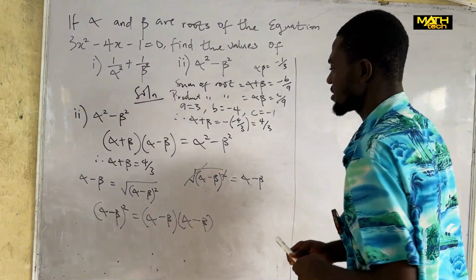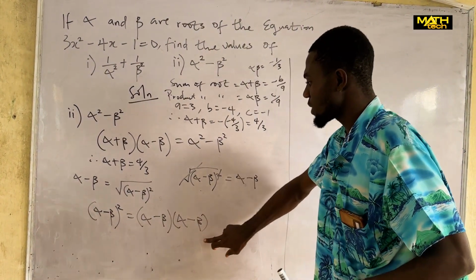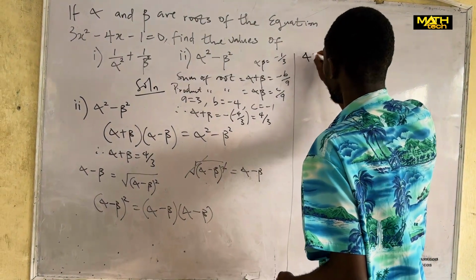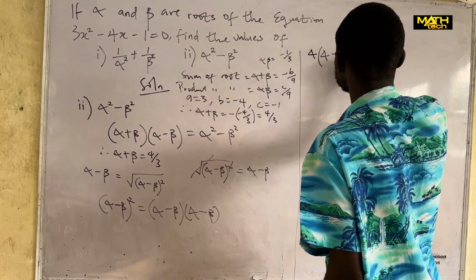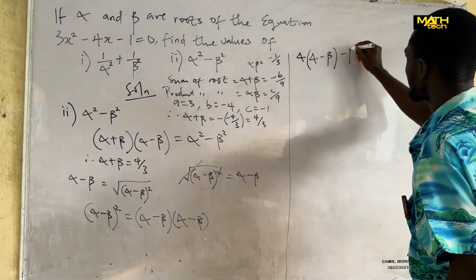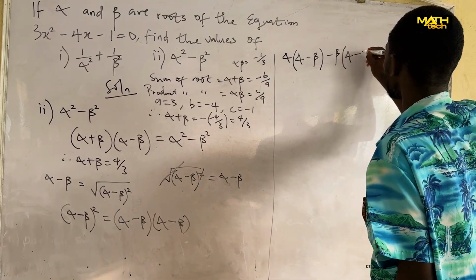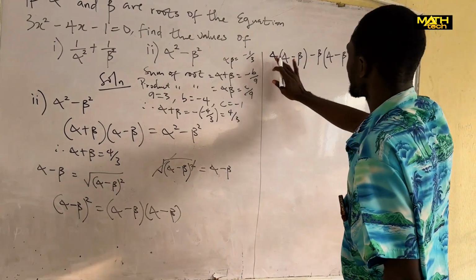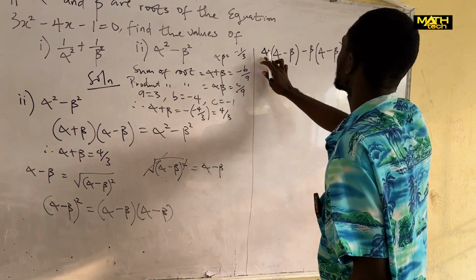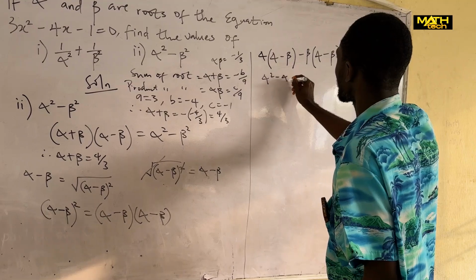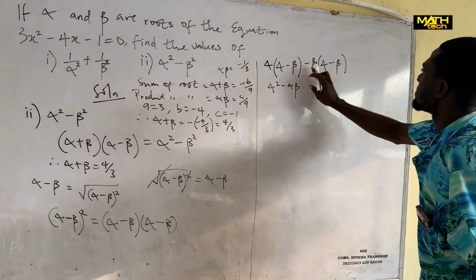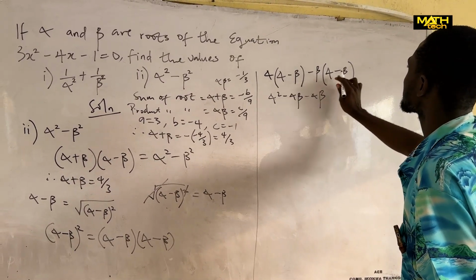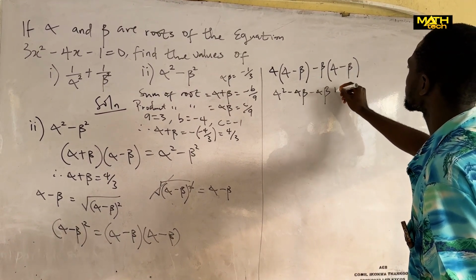We use each value here to multiply the other bracket, and we'll be having alpha into alpha minus beta, and minus beta into alpha minus beta. So alpha times alpha gives us alpha square, alpha times minus beta gives us minus alpha beta, minus beta times alpha gives us minus alpha beta, and minus beta times minus beta gives us plus beta square.